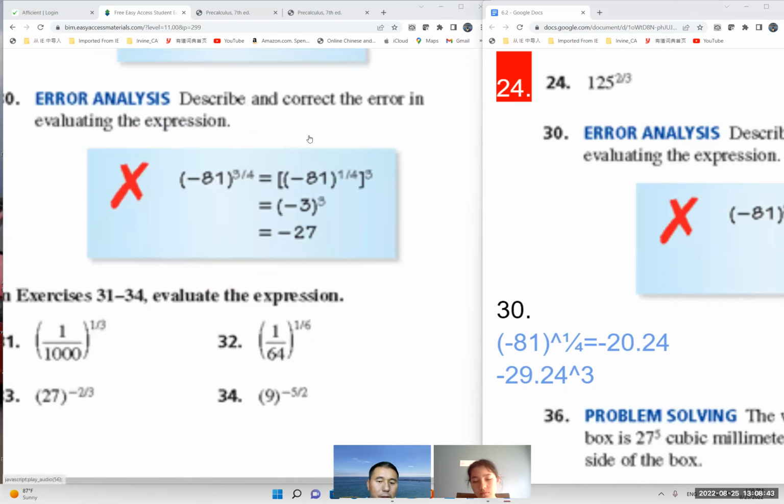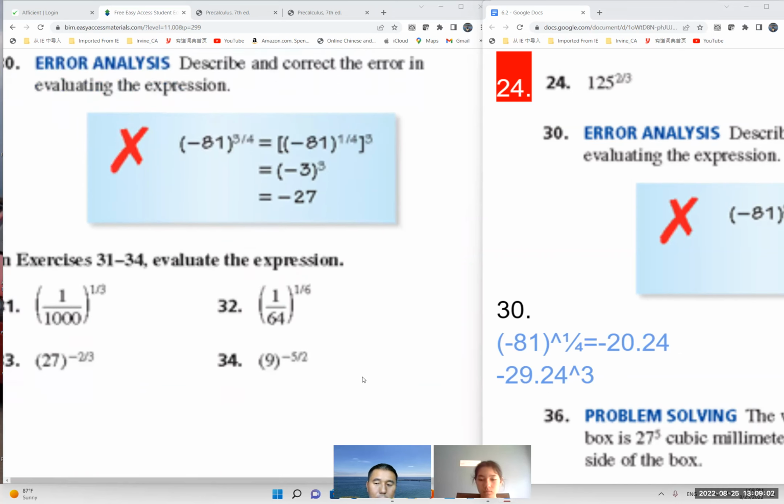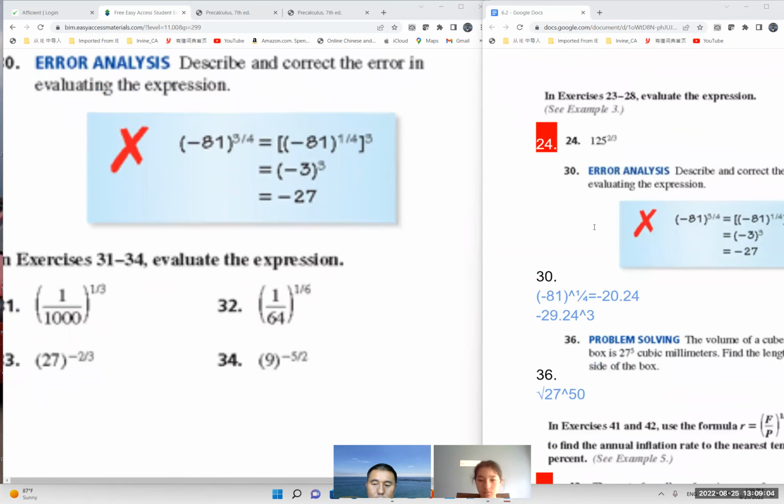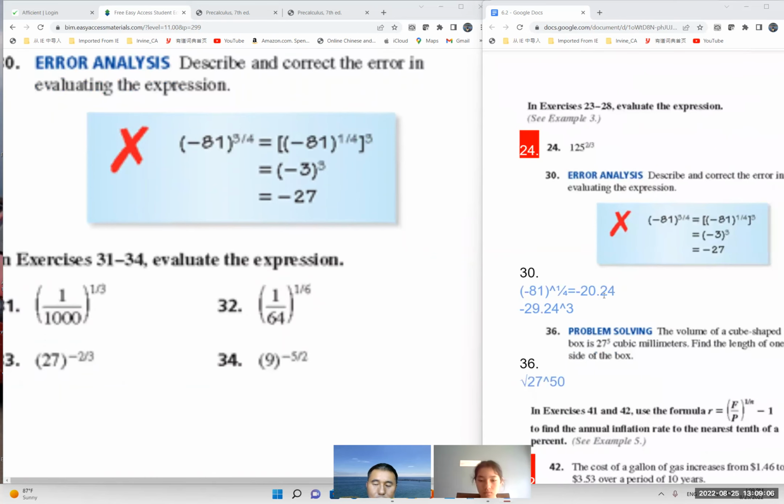Error analysis. Let's say, so you mentioned this is your final answer?